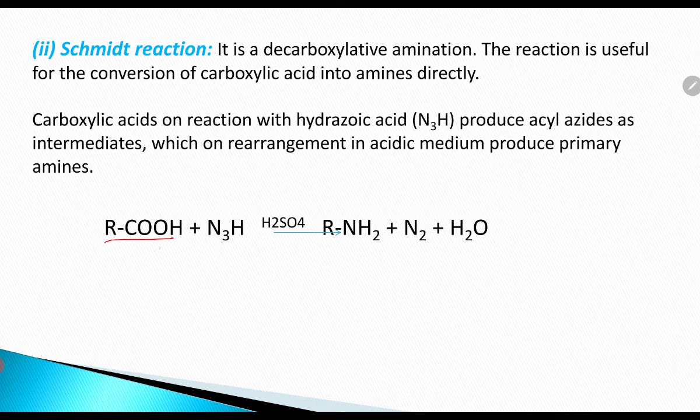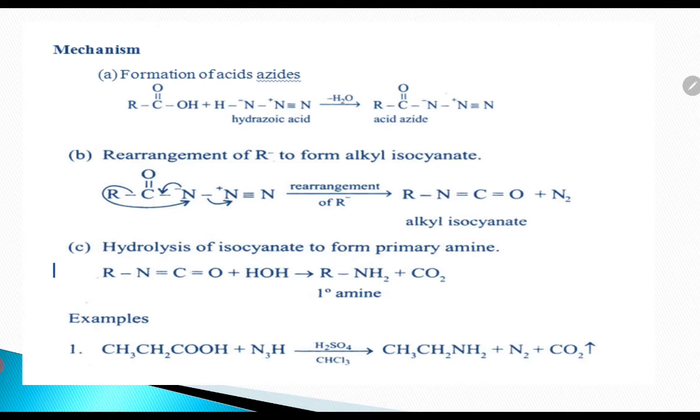In this also we get amines with one carbon atom less than the parent carboxylic acid, because of the elimination of CO2. The general equation is RCOOH, our carboxylic acid. When reacted with hydrazoic acid in the presence of H2SO4, they give rise to amines RNH2, and in the process the other products are N2 and H2O. Let us see the mechanism. First, formation of acid azides.